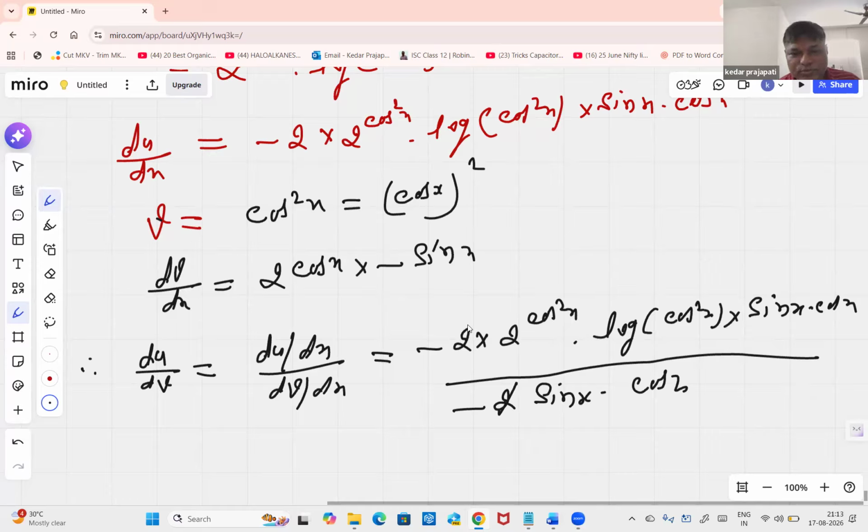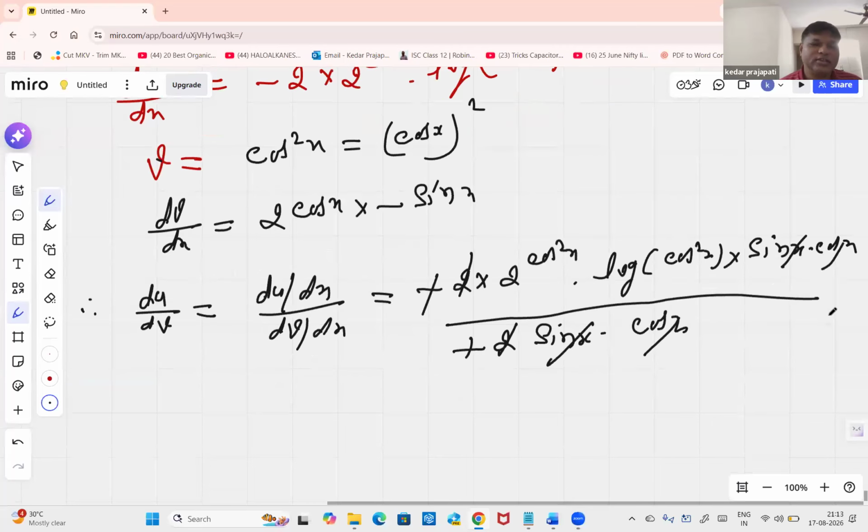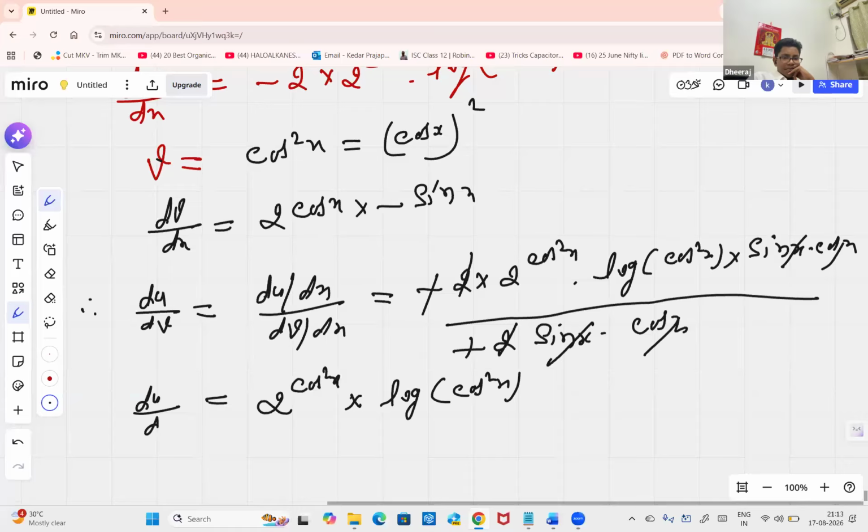So this 2 cancels, minus minus cancels, sin x cos x cancels. This became 2 to the power cos square x into log 2. I hope you understood. Yes, sir.